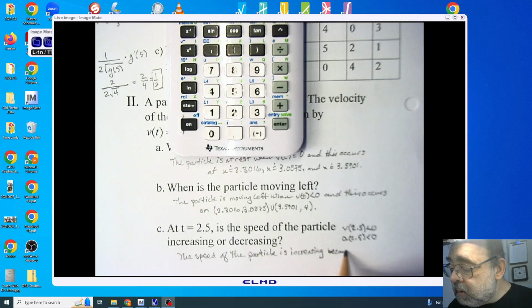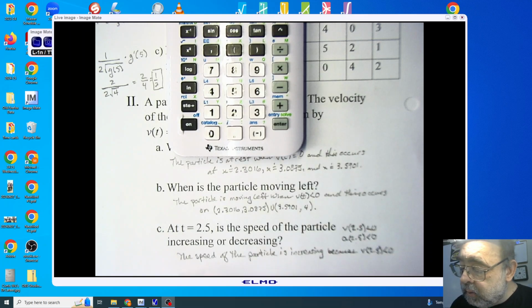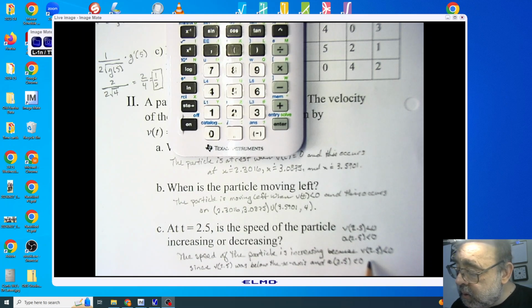because v of 2.5 is less than 0, since v of 2.5 was below the x-axis, and a of 2.5 was less than 0, since v of t is decreasing at 2.5.